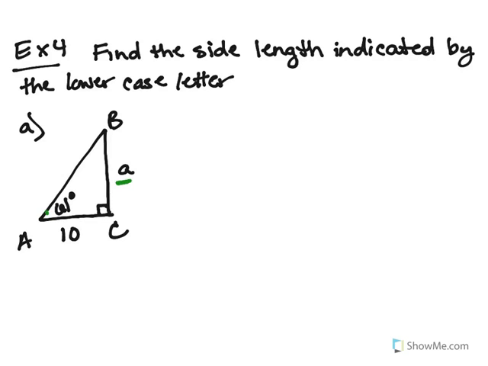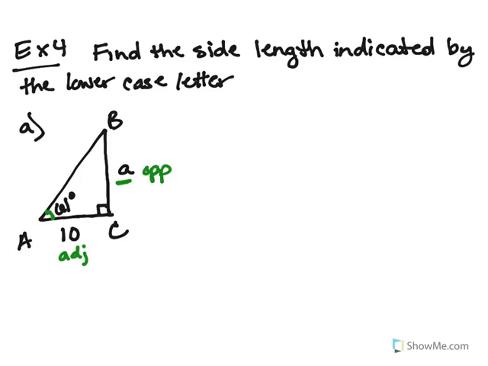I'm given this angle of 61 degrees. So A is opposite that angle. My other given piece of information is 10 here, and that's the side adjacent to my given angle. So which of the trig functions relates the opposite and adjacent sides to each other? Think SOHCAHTOA.